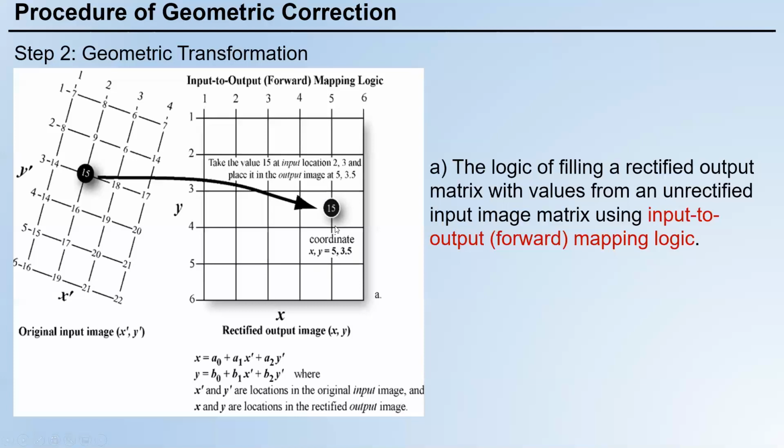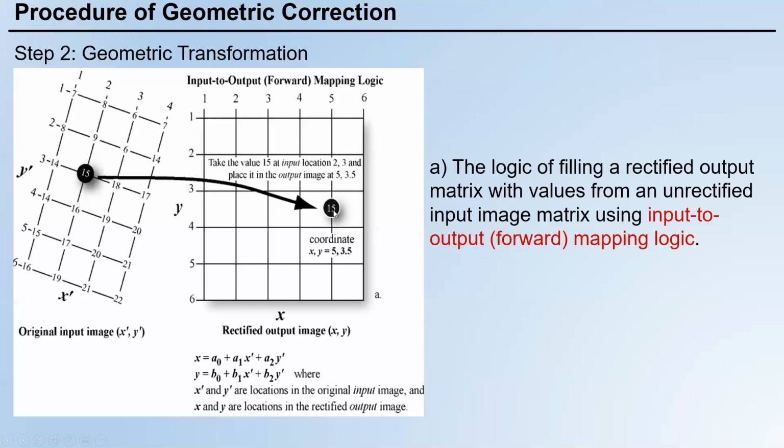This is an issue because you cannot use a non-integer to address the location of a pixel. So you need to use something called resampling to make sure that the new pixel's value is distributed to other new pixels in these rectified images.